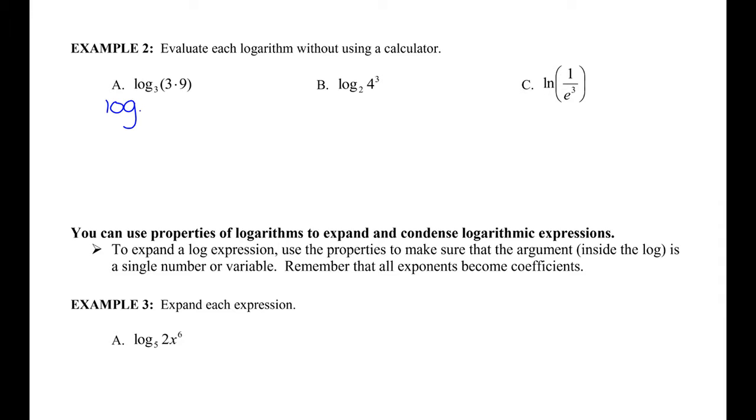So I have log base 3 of 3 plus log base 3 of 9, and then I can rewrite the second one to be log base 3 of 3 squared, because by doing this I can use the inverse property that told us if we had log base of the base, it was equal to the exponent.